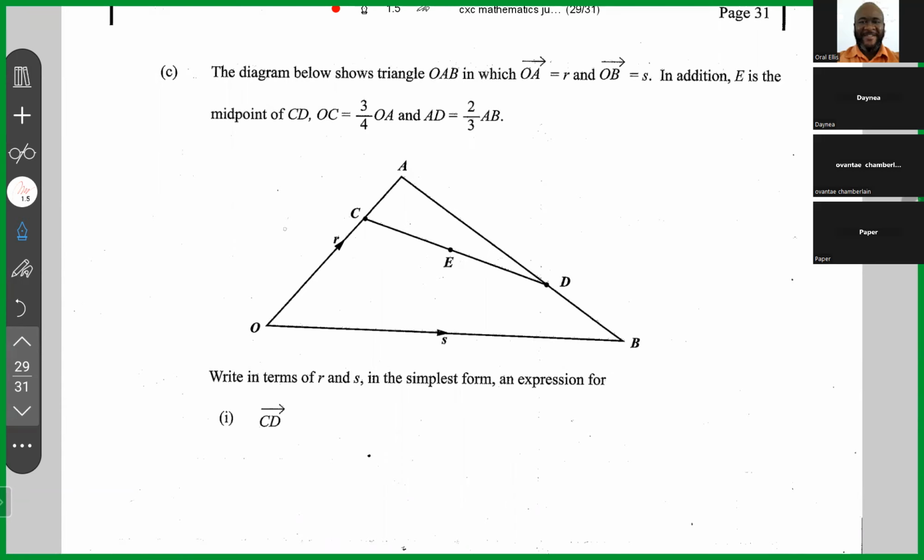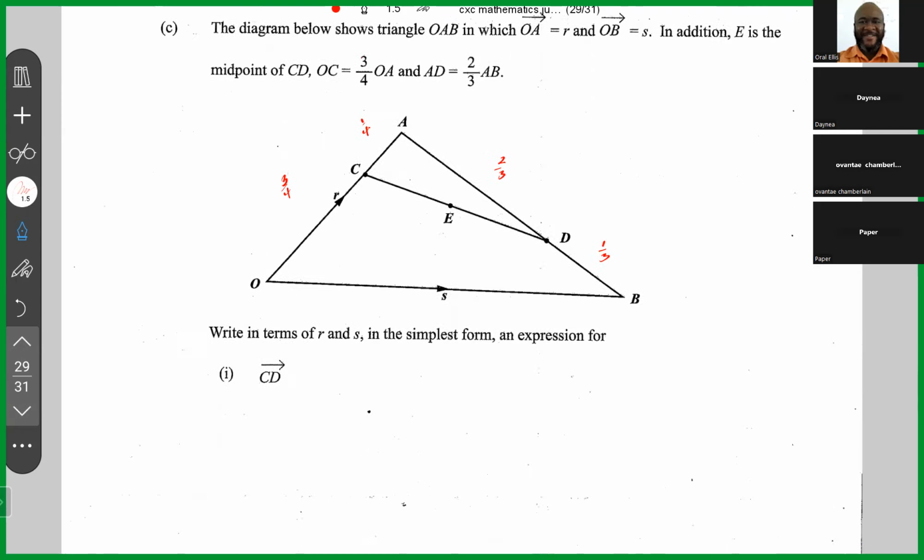So this is 3/4, and so this must be the other quarter. And AD is 2/3 of AB, so this must be 1/3. We're asked to write in terms of R and S, in the simplest form, an expression for CD.